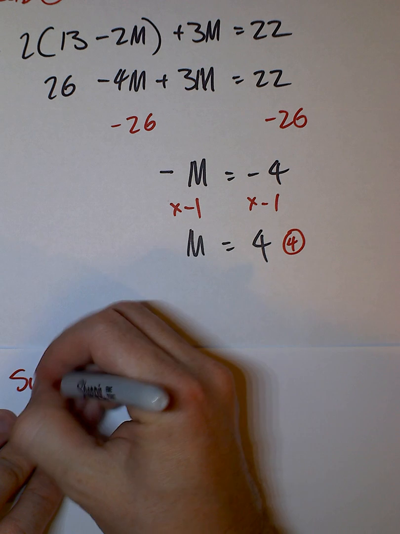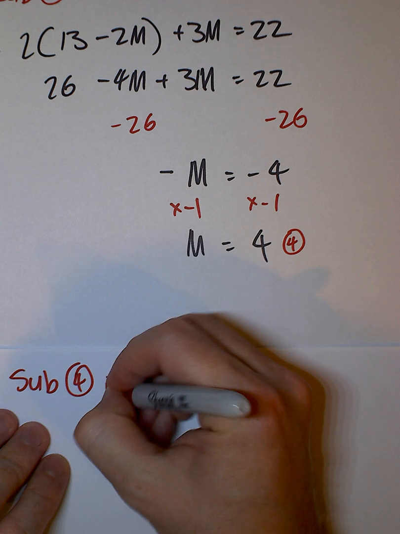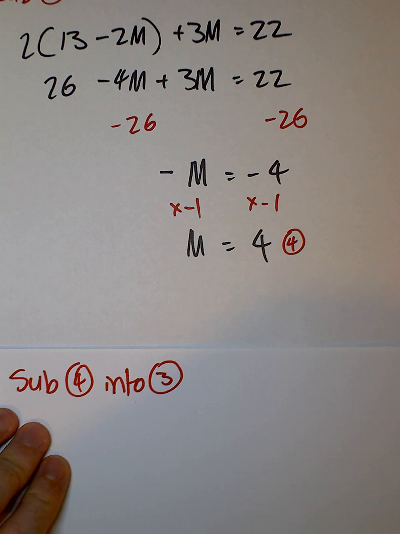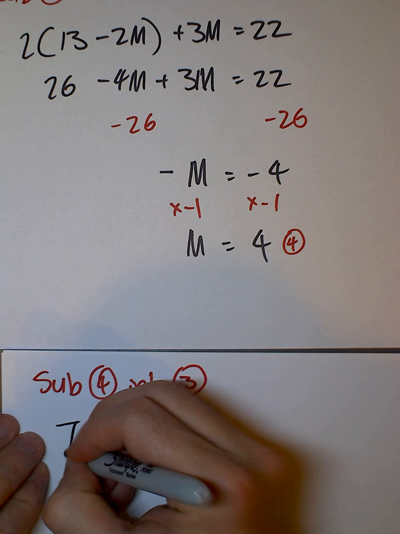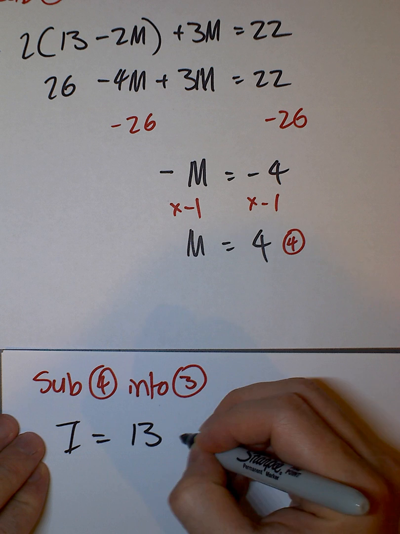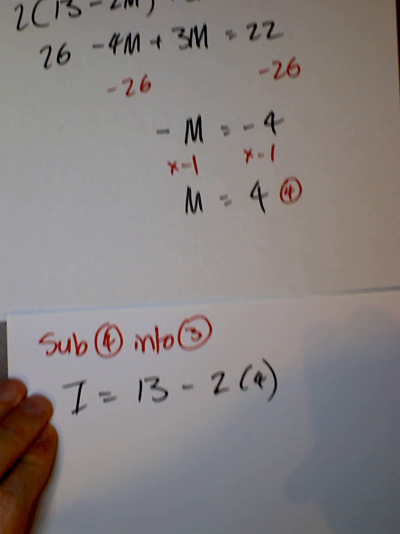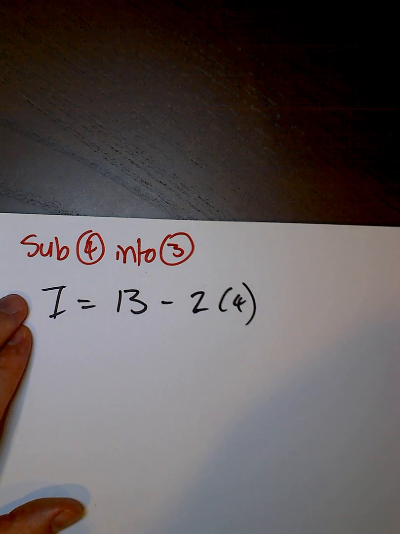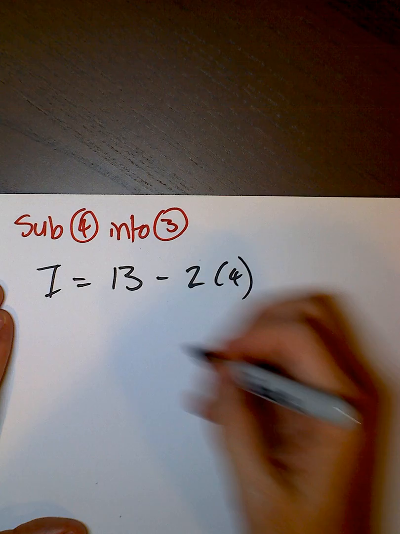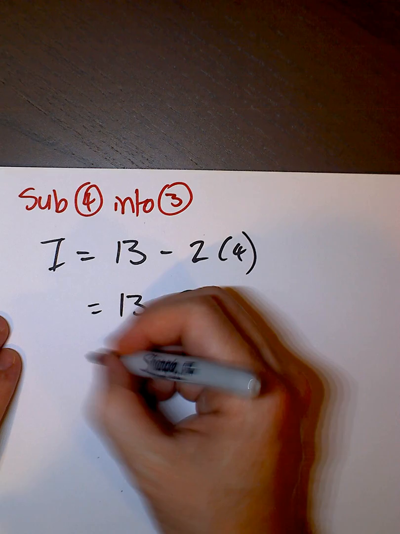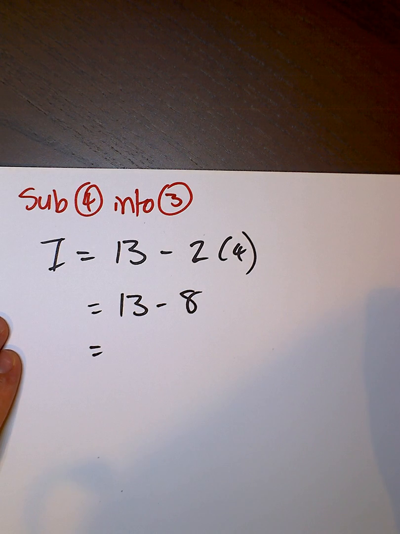Sub equation 4 into equation 3. So this will be I equals 13 minus 2, and instead of M, we're going to write bracket 4. And then we're going to solve for that. So 2 times 4 is going to give me 8. So it's 13 minus 8 equals my I, which gives me 5.